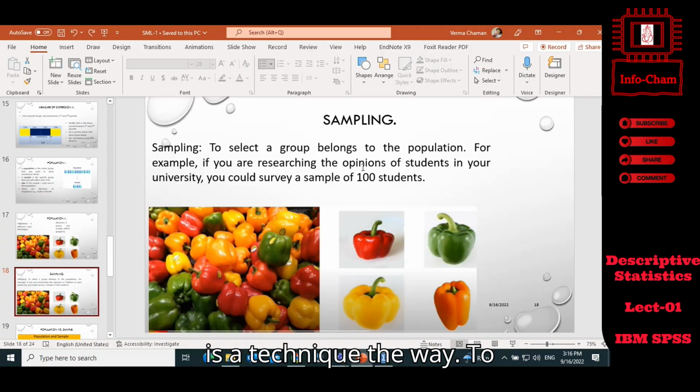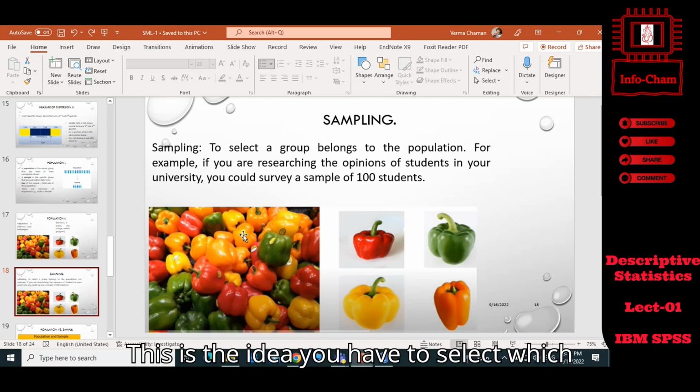Sampling is a technique, the way to get the data, to select a group that belongs to the population. In this example, suppose there is a paper which has a black color, will you select it? Because there is only one black color paper, you will not select it.